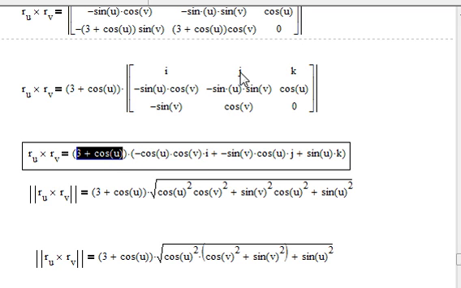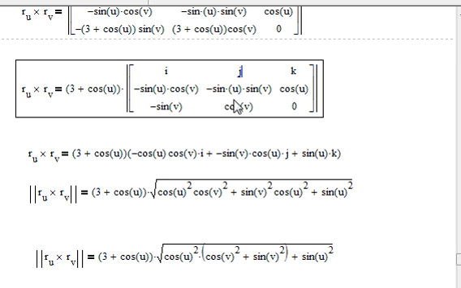And then minus j times its minor, which would be this times this, which is 0, minus this times this, and that's going to give us minus, remember, because we had a negative in front of the j. So minus sine of v cosine of u. And then plus k times this one, which is going to be the tricky one.